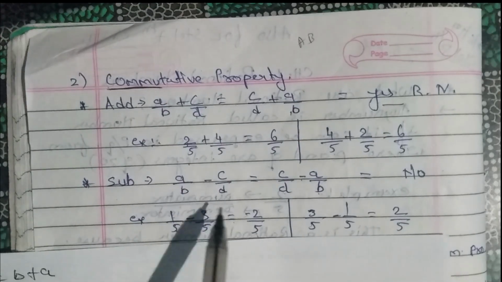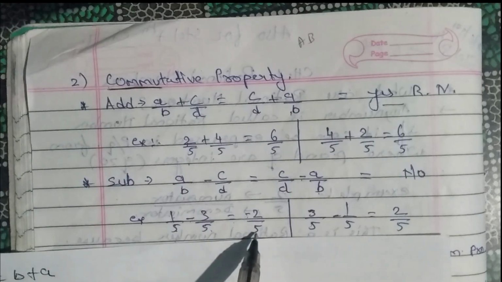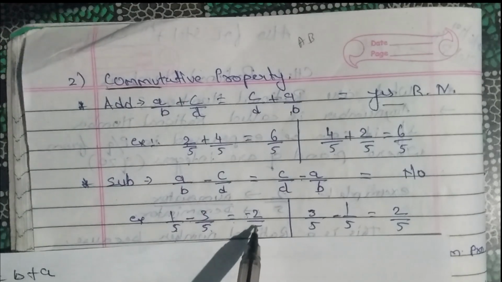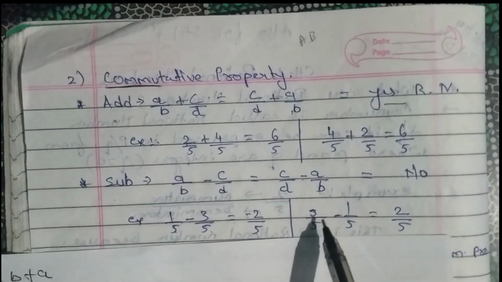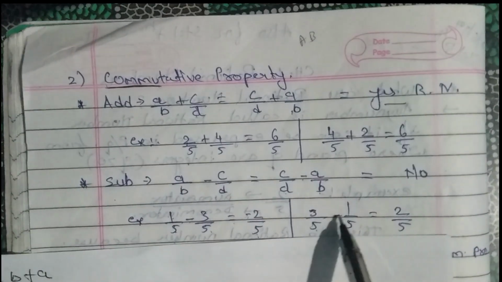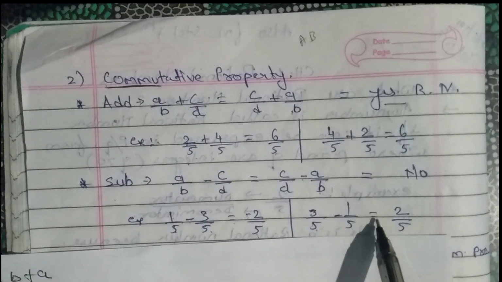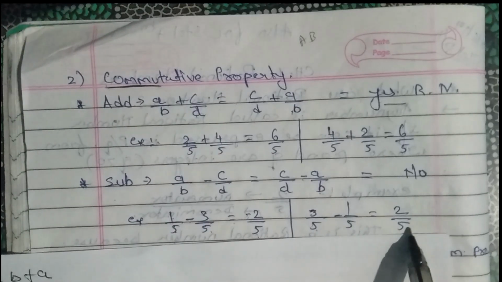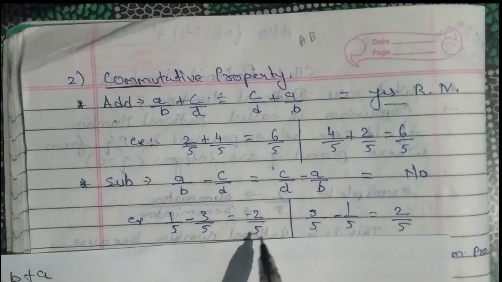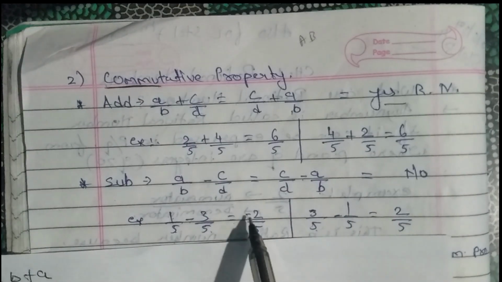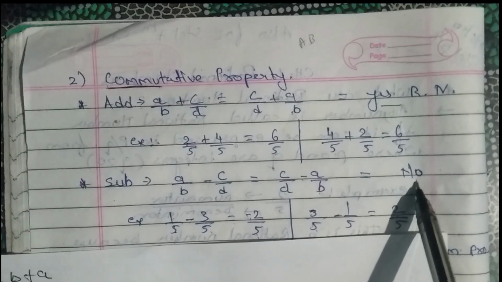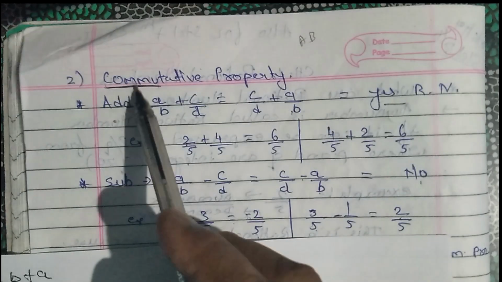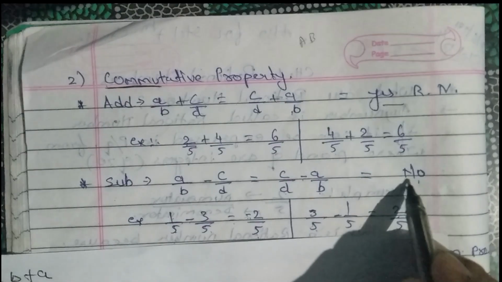So 1 minus 3 leads to minus 2, and the 5 is the same, so minus 2 upon 5. And by changing the position, 3 upon 5 minus 1 upon 5 gives me 2 upon 5. So here both answers are different. This is minus 2, this is plus 2. So no, subtraction in commutative property is not possible.